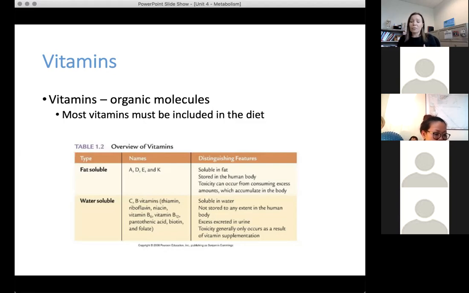So when you eat fats, eat lipids, and they get absorbed, fat-soluble vitamins get absorbed along with them. And the other difference here is that these can be stored. They get stored in the liver and in fat, in adipose tissue.